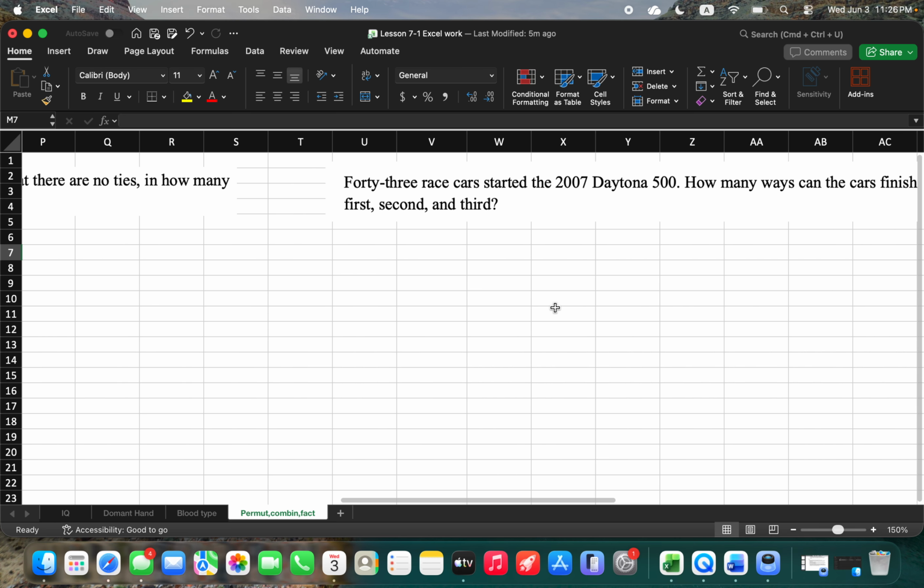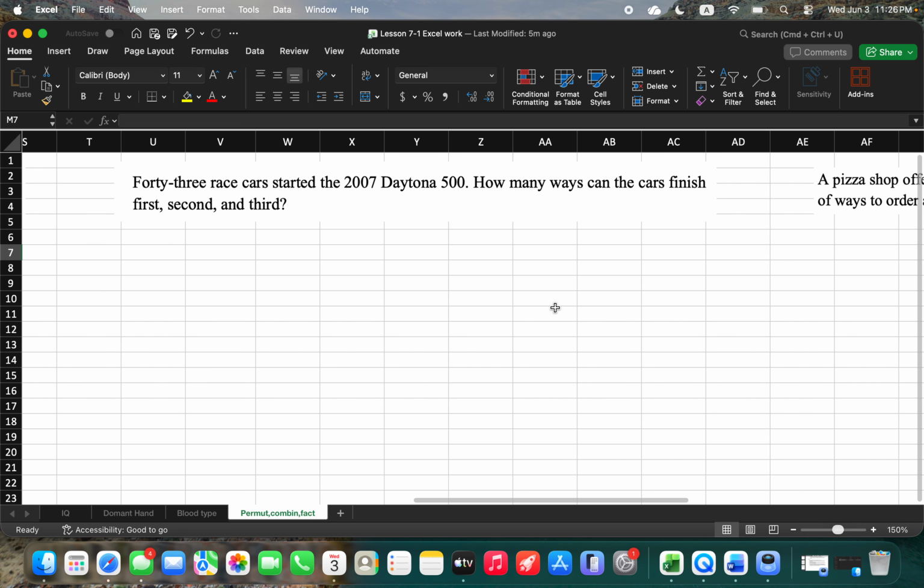Then now look at this question. So 43 race cars started the 2007 Daytona 500. Then how many ways can the cars finish first, second, and third? Okay, if we just do organizing from the first place to the last place, we can make 43 factorial.